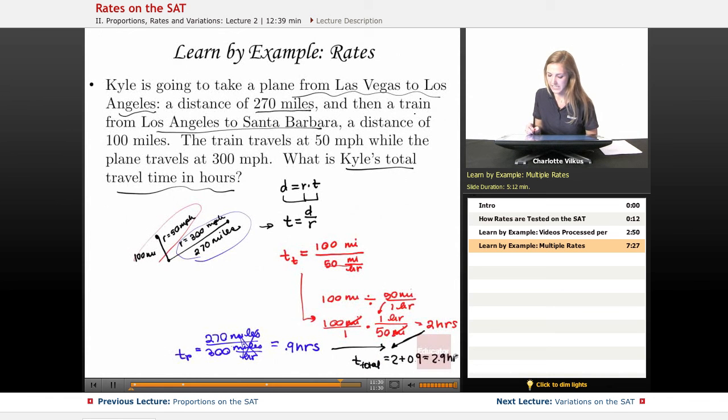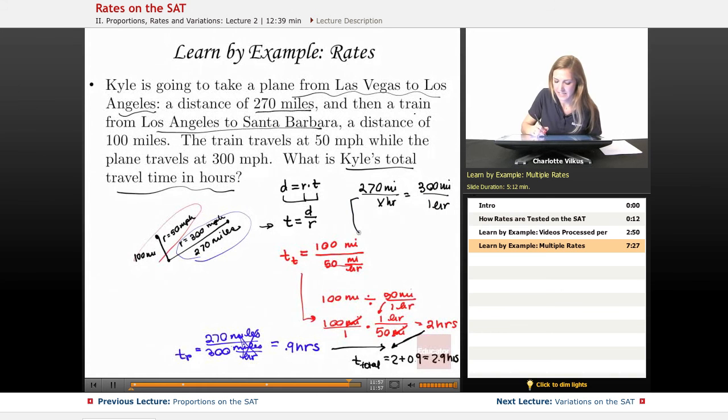This one would have been a little bit more work actually to solve as a proportion, but we could solve each where we're just doing, he goes 260 miles in X hours when he's going at 300 miles per 1 hour.